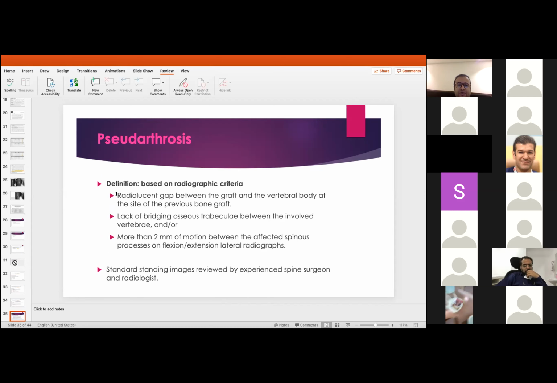The criteria are a gap between the graft and the vertebral body at the site of the previous bone graft, lack of bridging osseous trabeculae, and that's the key word, bridging osseous, and then more than 2 millimeter motion between flexion and extension X-rays in the lateral view.